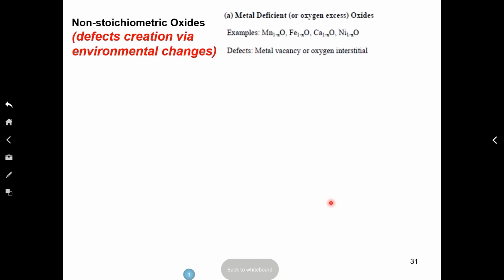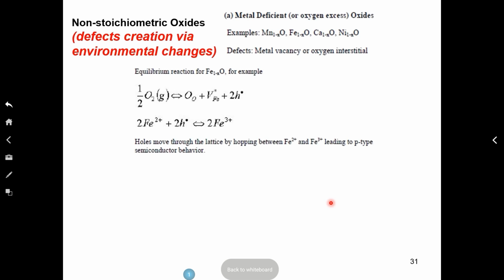So, you can look at these metal deficient oxides. If you think about the scenario in terms of the point defect thermodynamics, what you're doing is your iron oxide is interacting with the gas environment. You can see this oxygen sitting on the oxygen lattice in the solid, in iron oxide.